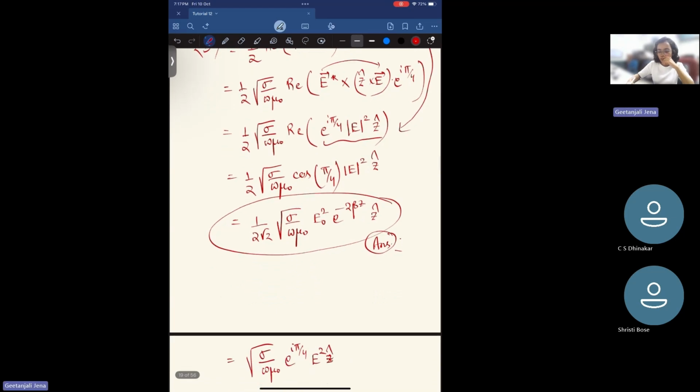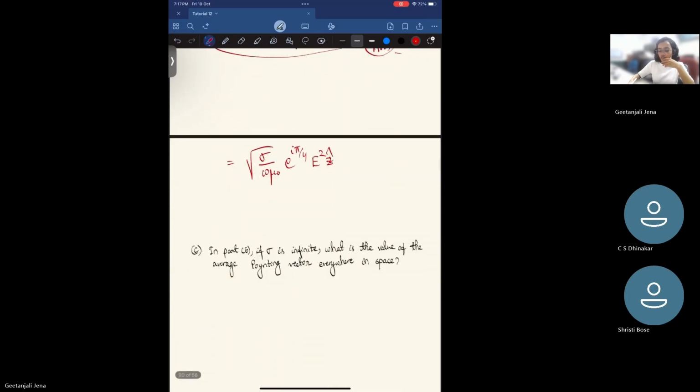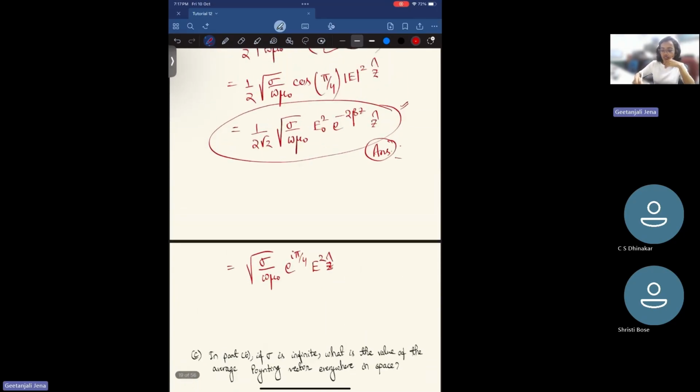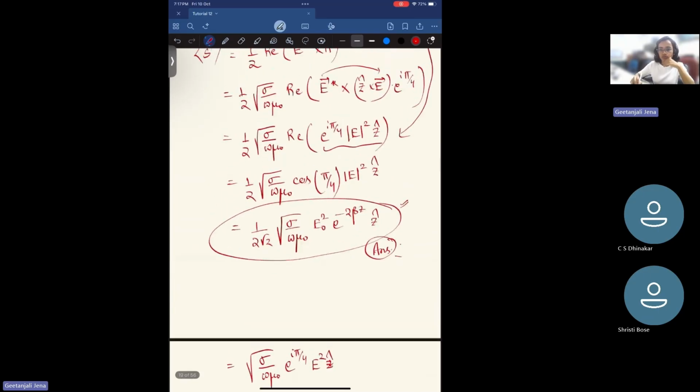Dinakar and Sisti, is it clear? If you want, I will give you some time to go through the steps.